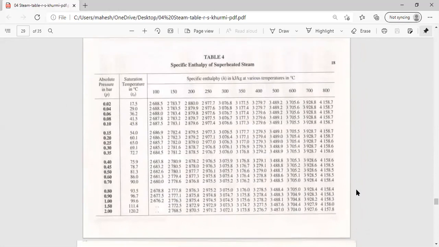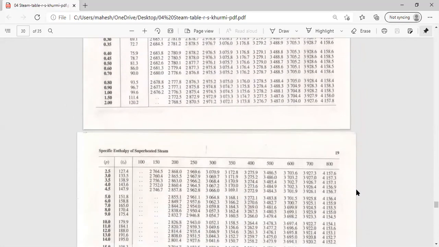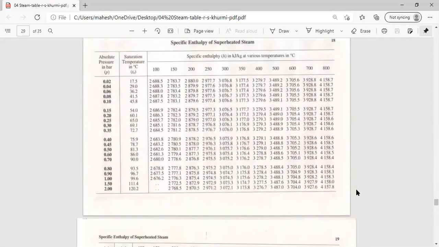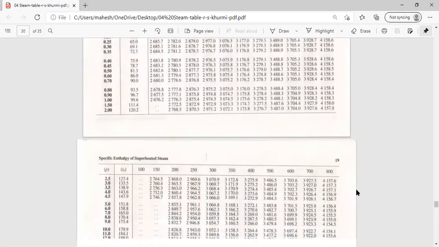So for example, if you are given a pressure of, let us say, 1 bar, you know that the boiling point is around 100 degrees centigrade, and if the temperature is mentioned as 200 degrees centigrade, you can read at 200 degrees centigrade what the value is. So that is 2875.4 kilojoules per kg Kelvin. Okay, so this way we can read the specific enthalpy of superheated steam by using the superheated steam tables directly.